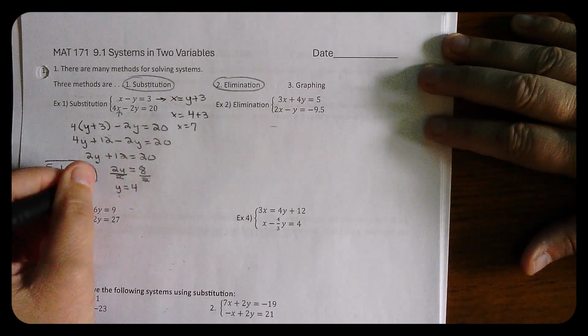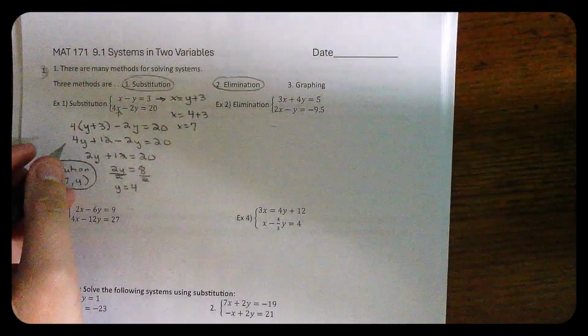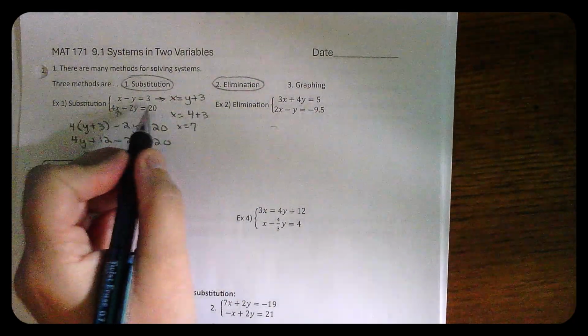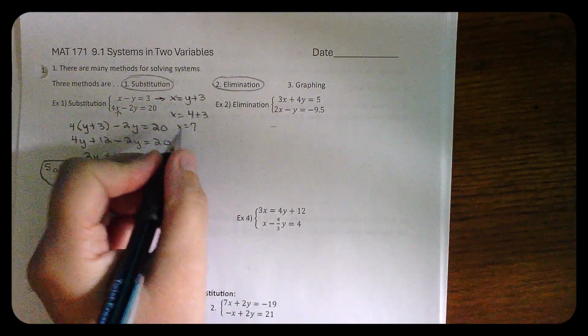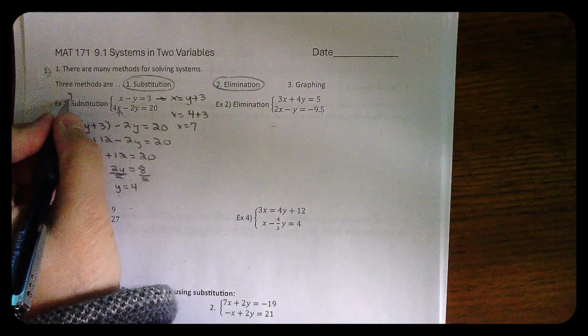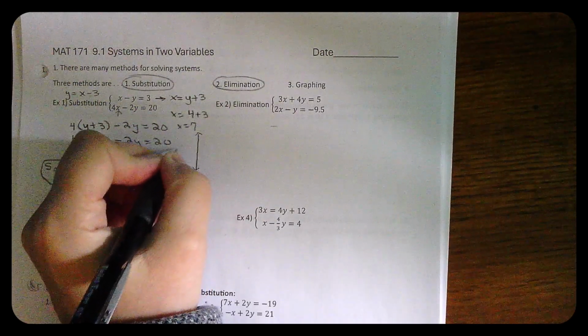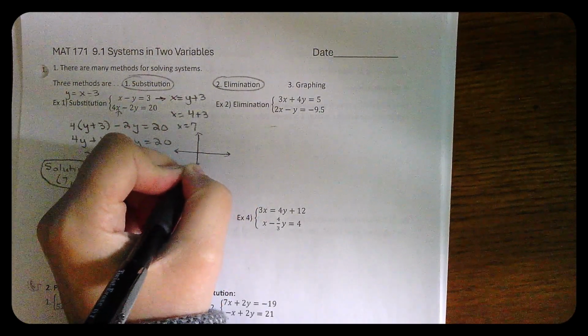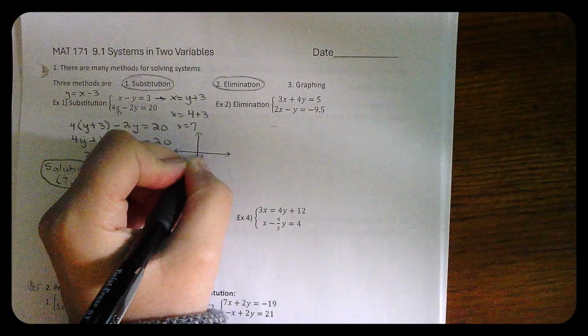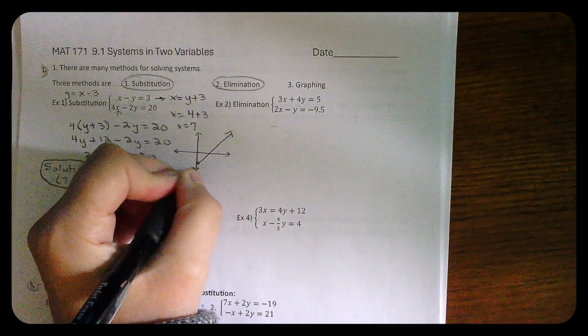Okay, so this is an ordered pair. What's happening is, if we were to graph this, if I solve for y, y equals x minus 3, would look like this. Y-intercept -3 and a slope of 1. So it would look like that.